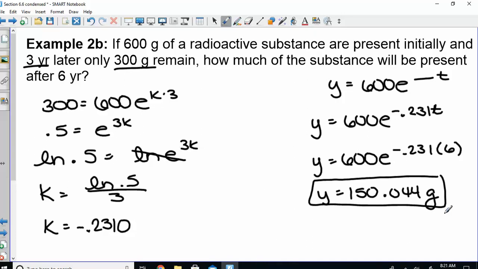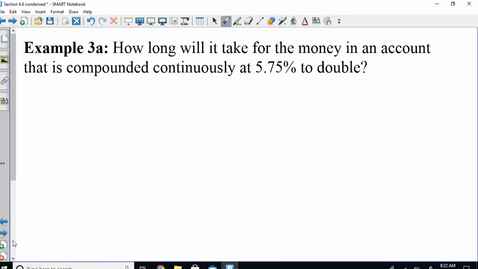Next type of application I want to look at is one that we've used before. We've done interest a lot. I put the interest formulas on the top of your paper in case you've forgotten them. You know I've always given them to you. You don't have to memorize those. So I want to know how long it would take for the money in an account that is compounded continuously at 5.75% to double.